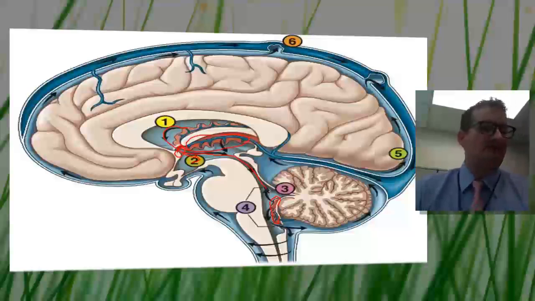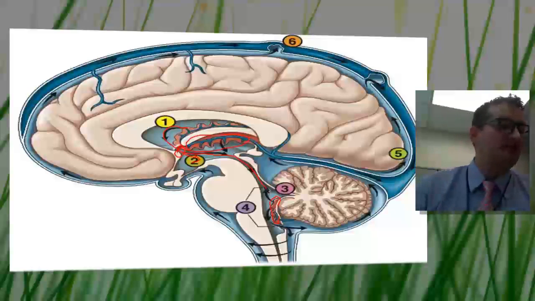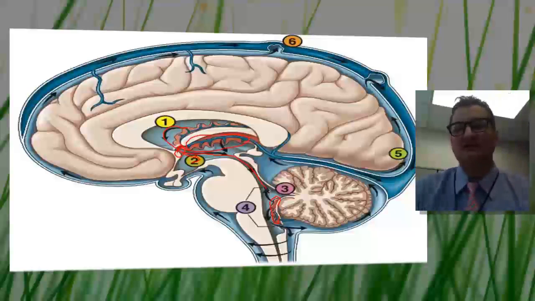Some of the CSF flows through two tiny openings called foramina. Again, you can see those here and also here.